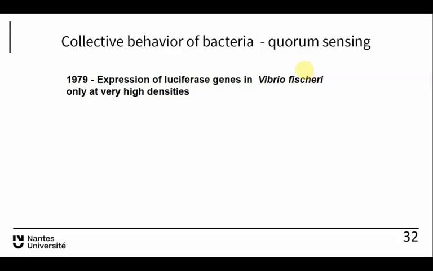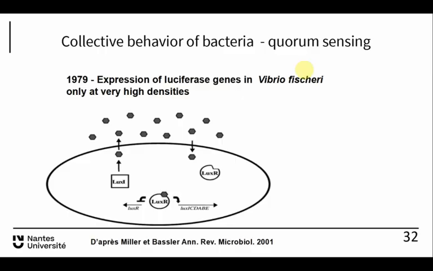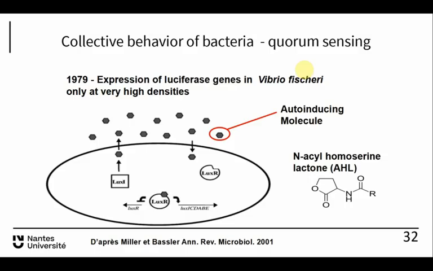The system that was first described in Vibrio fischeri, and is also used by many gram-negative bacteria, is that this collective behavior is controlled by the exterior concentration of an auto-inducing molecule. In Vibrio fischeri, this is N-acylhomoserine lactone. If I look at this, there's the NH and this carboxylate group here.